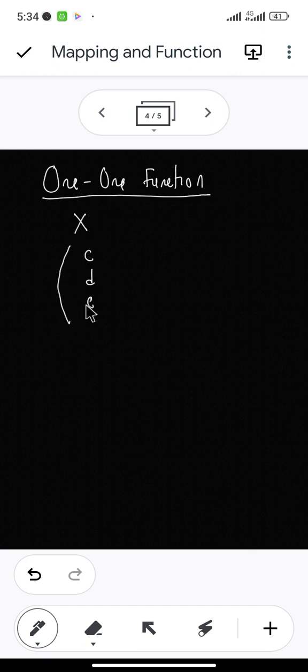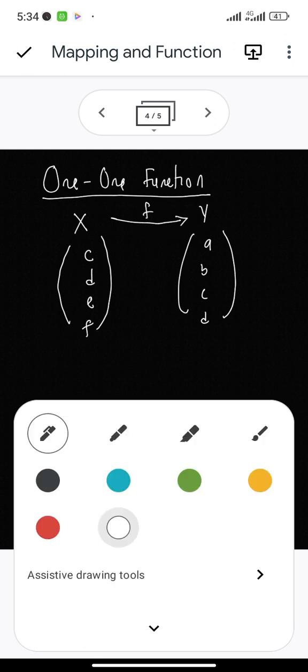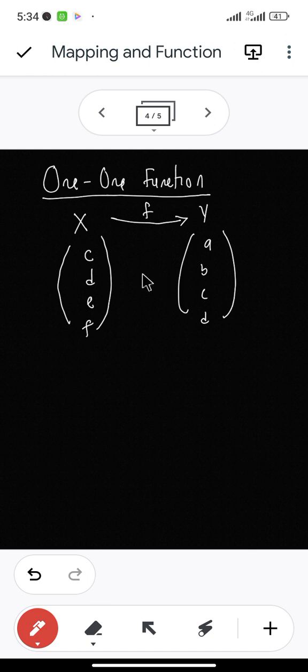C, D, E, F. We have Y, A, B, C, D. And we have a function, let's say F. And this function maps, let's say, C to B, D to C, E to D, and F to A. Now, this is a one-to-one mapping.